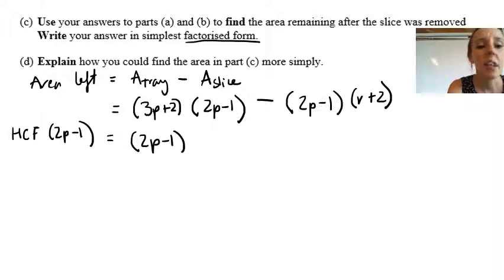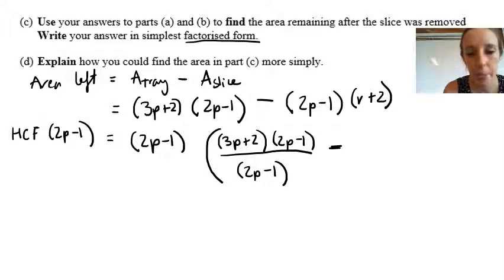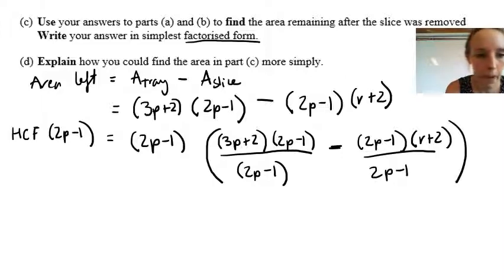And then inside big brackets, I'm going to write that whole expression from the line above and divide each of the parts by my highest common factor. So I've got 3p plus 2, 2p take 1, dividing all of that by 2p take 1. And then we're going to take away 2p take 1, r plus 2, divide all of that by 2p take 1, close my brackets.